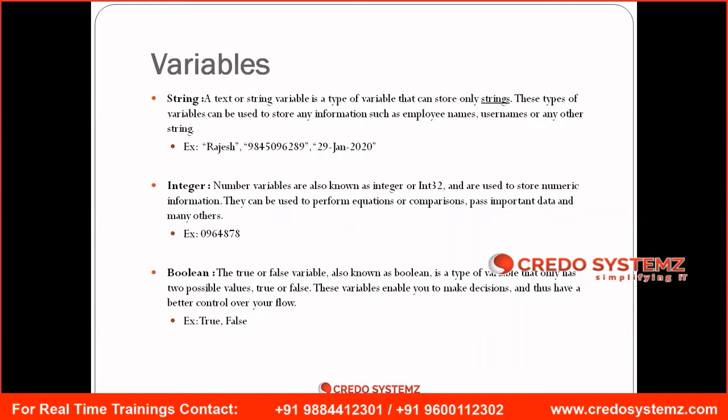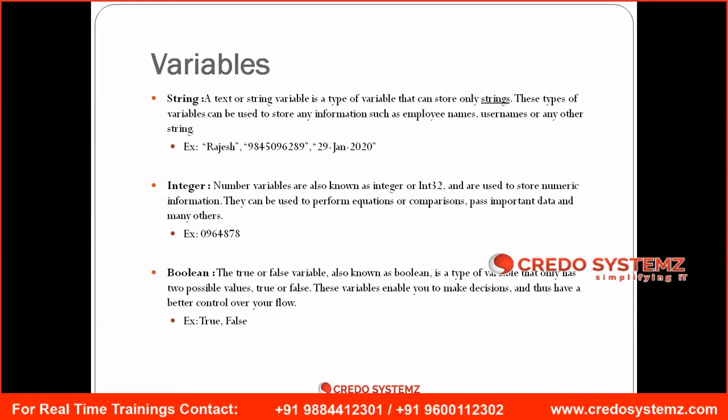Any type of data with numbers, alphabets, and special characters, we are going to call a string variable. A string variable is always held inside double quotes. So whenever you have a string variable, you have double quotes, and the information is transferred inside the box called the string box.